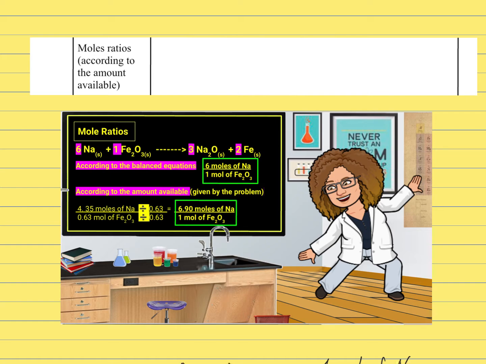According to your problem, only 100 grams of each reactant were available. Now I need to find the real mole ratio between the reactants, but I don't have the reactants in moles. I have them in grams. And that's why in this step, you have to use the molar mass of the two substances that are involved.